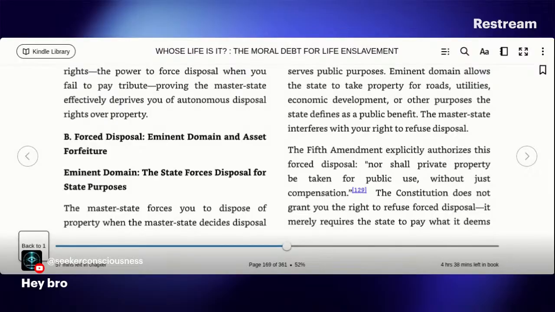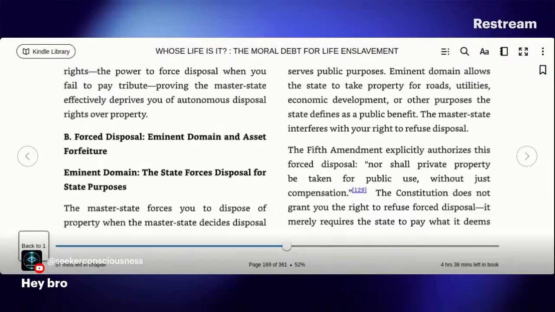The master state forces you to dispose of property when the master state decides disposal serves public purposes. Eminent domain allows the state to take property for roads, utilities, economic development, or other purposes the state defines as a public benefit. The master state interferes with your right to refuse disposal.